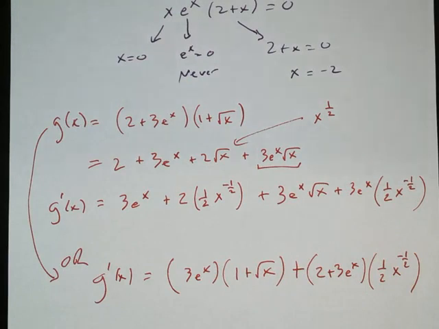And it doesn't matter which one you do, because these are algebraically equivalent. A general statement: as long as your algebra is done correctly, which calculus rules you apply when are irrelevant. Both of those are perfectly acceptable answers.